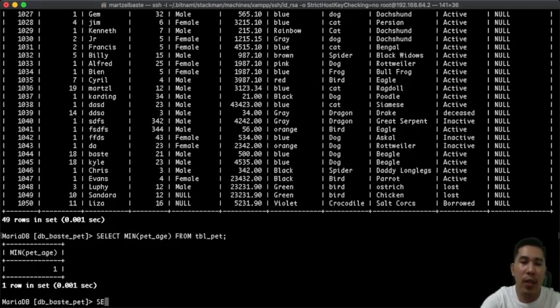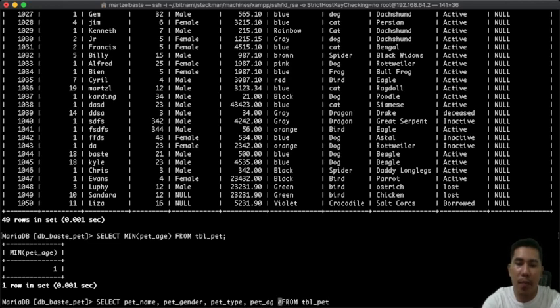So we can actually look into it by displaying its name, its gender, its type, whatever is the type of that pet from tbl_pet, as well as of course the age. So from tbl_pet where pet age is equal to 1.